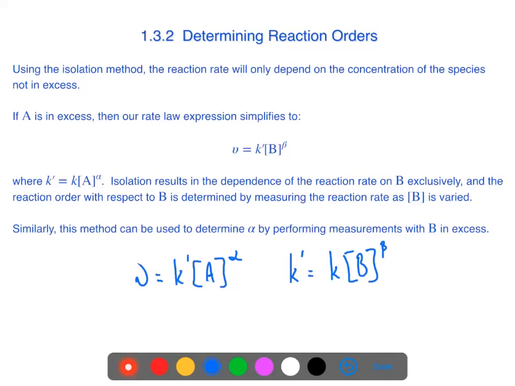And then we can carry out the same set of experiments, but now we ensure that B is in excess so that the rate of the reaction is solely dependent upon how the rate changes with respect to the concentration of A. So that's the isolation method, and one method that we can use to determine the partial orders with respect to various reactants in a reacting system, and as a result, determining the overall order of the reaction.